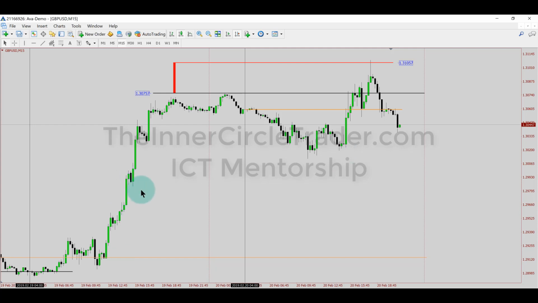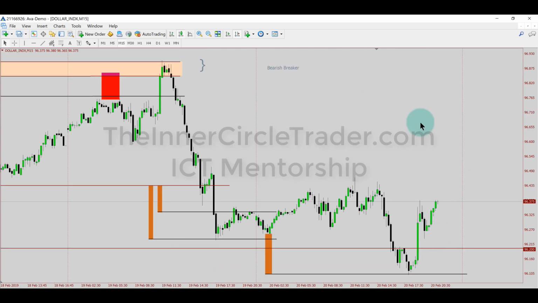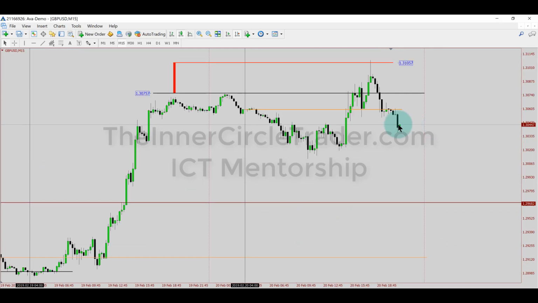And then this void right in here has me anticipating a closure there, especially if we get that pop up in the dollar back to the breaker. We could see that closure here. Okay, so be mindful of that.